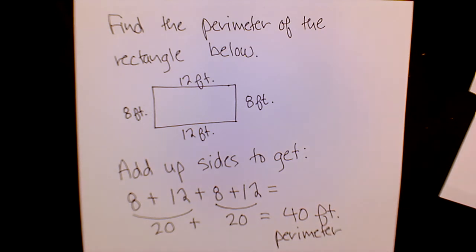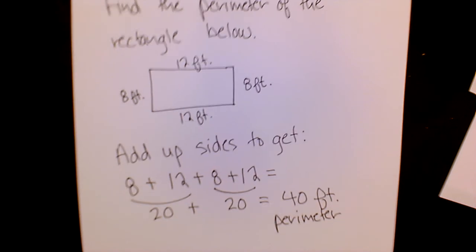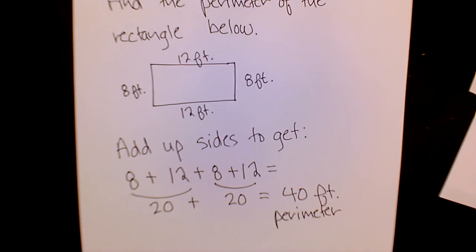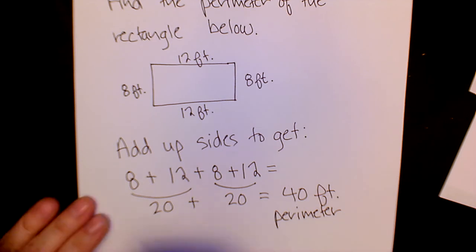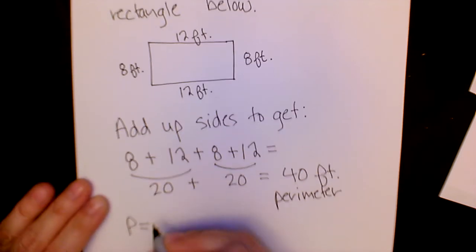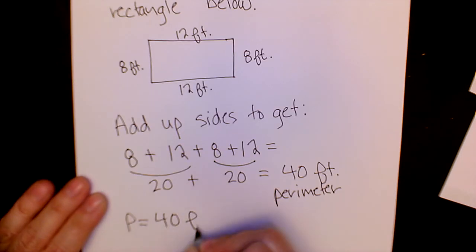So 8 and 12 is 20, and another 8 and 12 is 20. So 20 and 20 is 40, and since I'm using feet, it's 40 feet, and that is my perimeter. I could also say P equals 40 feet.